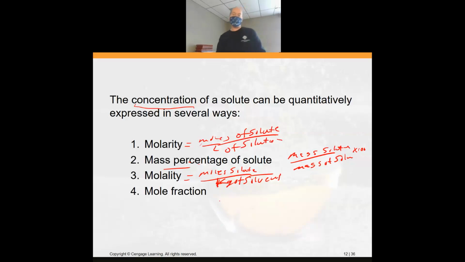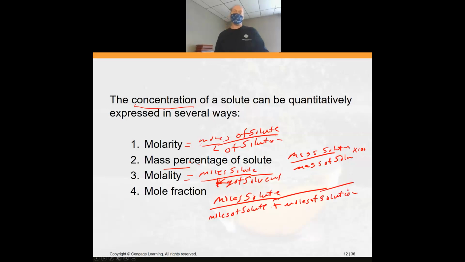And then mole fraction, that's going to be your moles of solute over moles of solution, but you can't get there directly. So you will say moles of solute plus moles of solvent, since the solution is solute and solvent here.